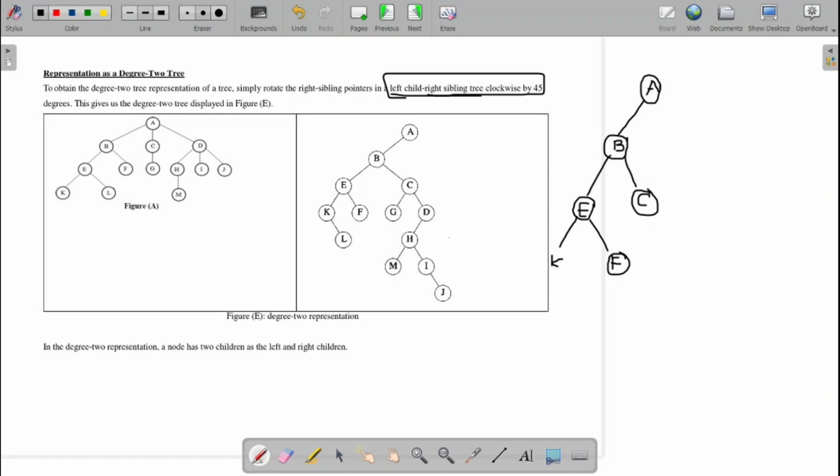K. For K, on the right you write its sibling. The sibling of K is L.